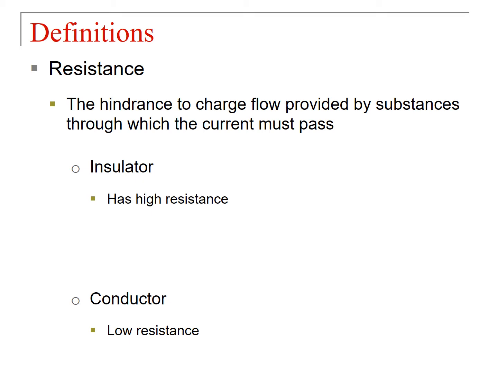So now let's talk about resistance. Resistance is when something hinders the flow of this charge. So it's going to be a hindrance to the movement of these particles. This is, again, a substance through which the current has to pass.